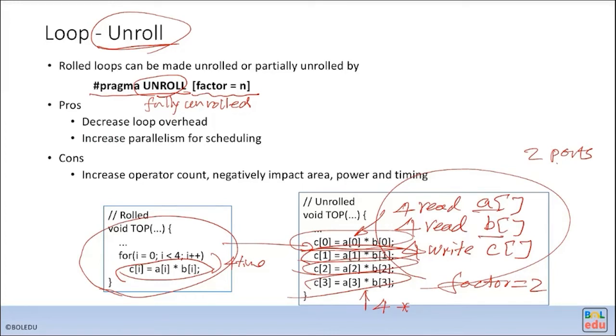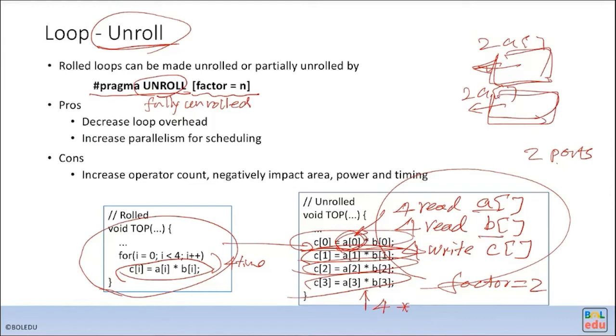So factor 2. If you insist, I just want to do a full unroll to get the maximum performance, in that case, how can you do it? Then you need to have a memory partition. That means the A array needs 2 memory blocks, so that each can provide 2 A array contents. So if we use unroll 2 and you use a memory array partition, you pass an array partition pragma.